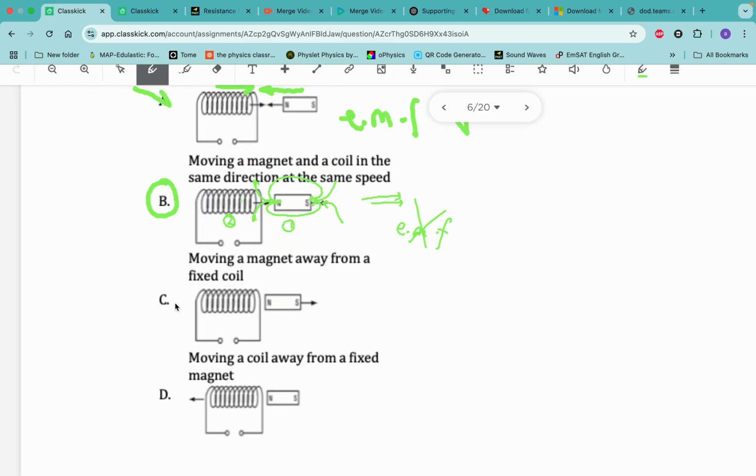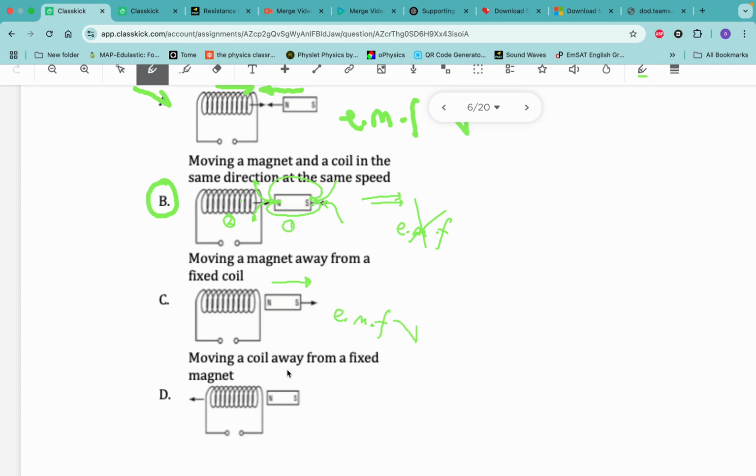So what about case C? Here this magnet will move away from the coiled wire, so again magnetic field will be decreased, so will be changed, so EMF is induced.